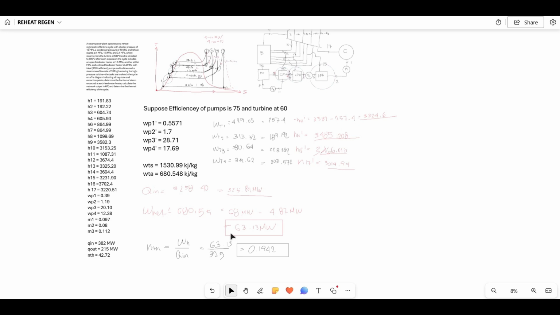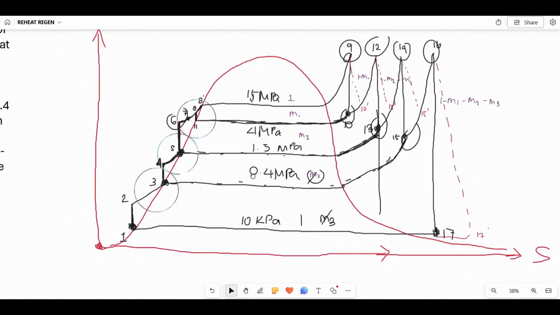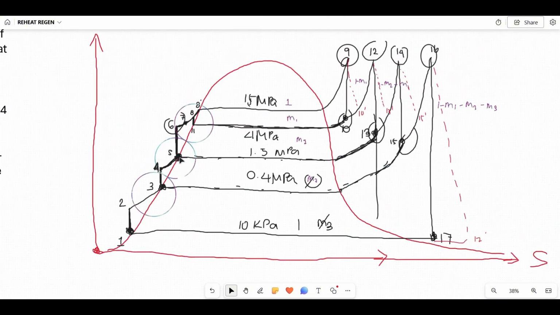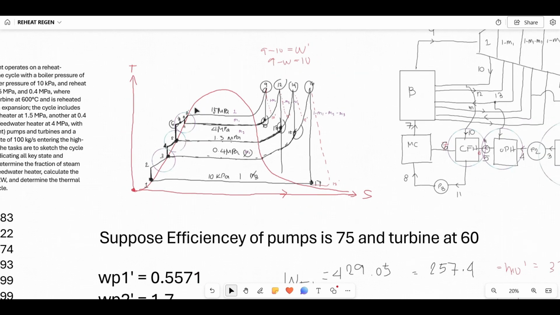But in an actual scenario, with actual enthalpies, masses do change. And what do we mean masses do change? Because we adjusted the enthalpies here and there, masses also adjust depending on how we extract them.